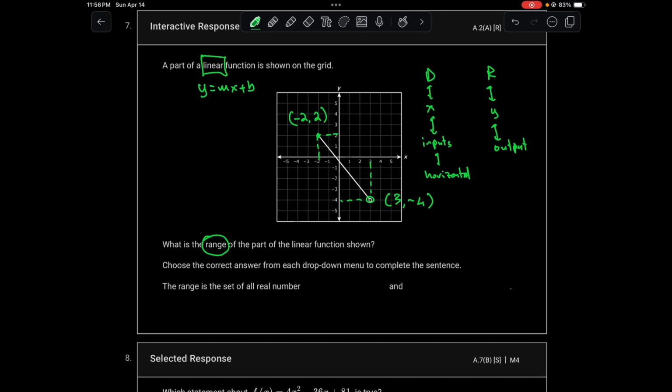Horizontal means going left to right, like the horizon. And output or Y or range has to do with the vertical axis, which goes up and down. So horizontal means, let's reduce the words here, left, right. Vertical means up, down. Now here they're asking for the range.